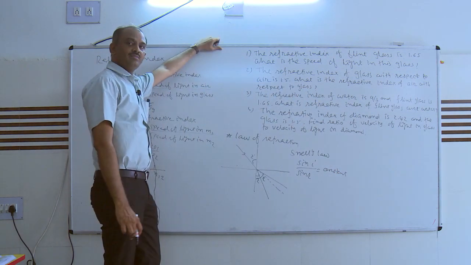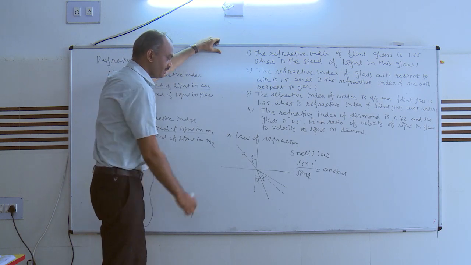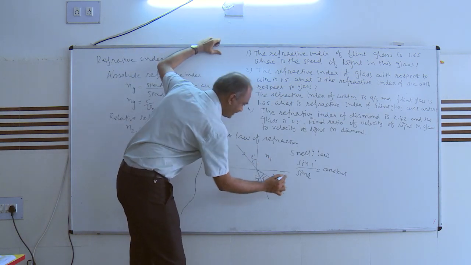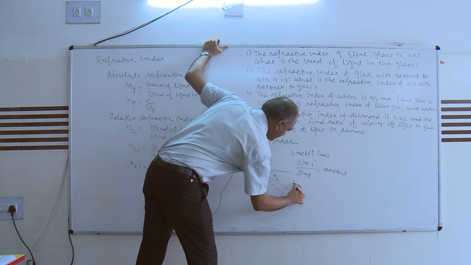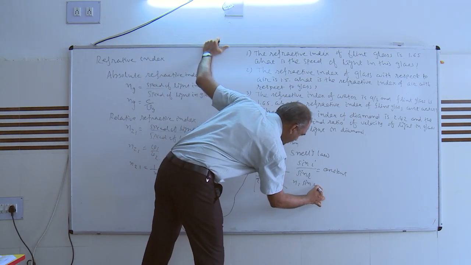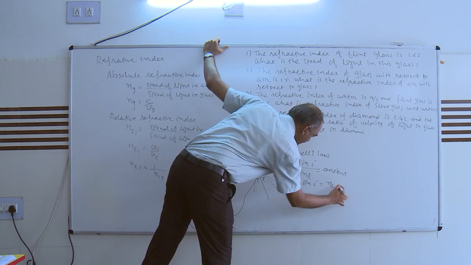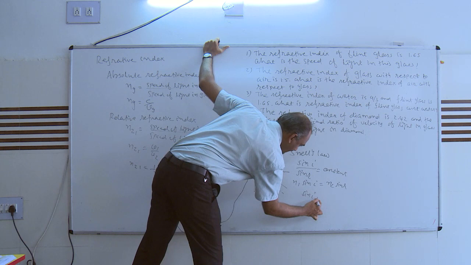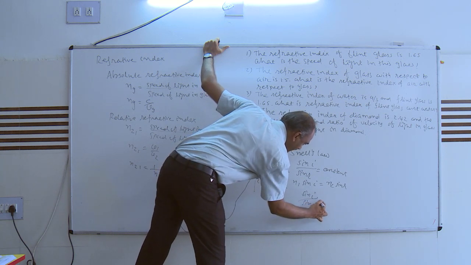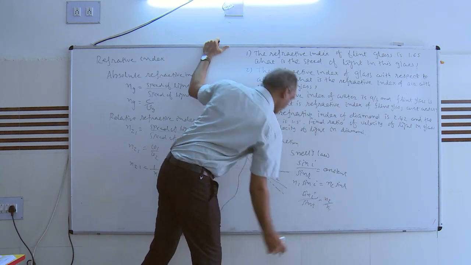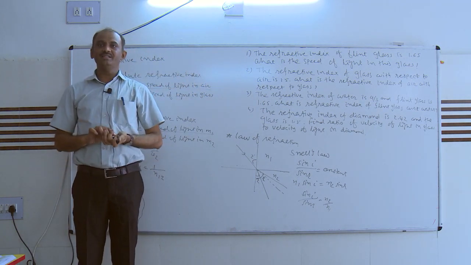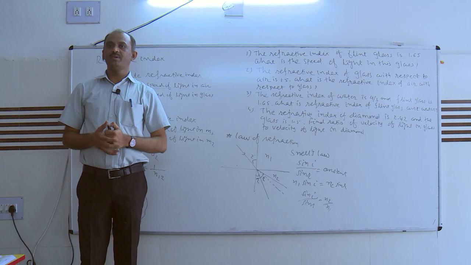And what is the value of this constant? Suppose the refractive index here is n1 and here is n2. So n1 sine I is equal to n2 sine R, and sine I upon sine R is equal to n2 upon n1. So we have seen the law of refraction.